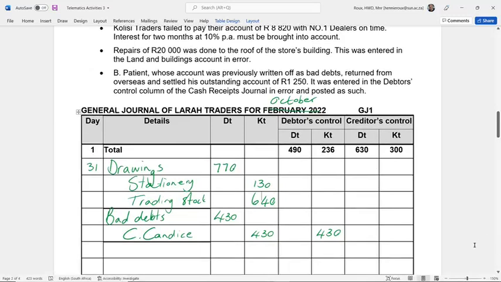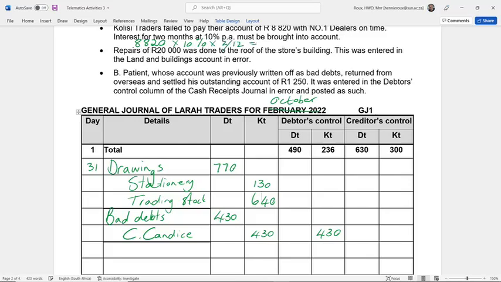But we must also show that in the debtors control account. The next one: Kulisi Traders, that's us, failed to pay the account of 8,820 to Number 1 Dealers on time, and interest for 2 months at 10% per annum must be brought into account. So we owed 8,820 Rand. Now they charge us 10% interest for 2 months, multiply by 2 on 12.